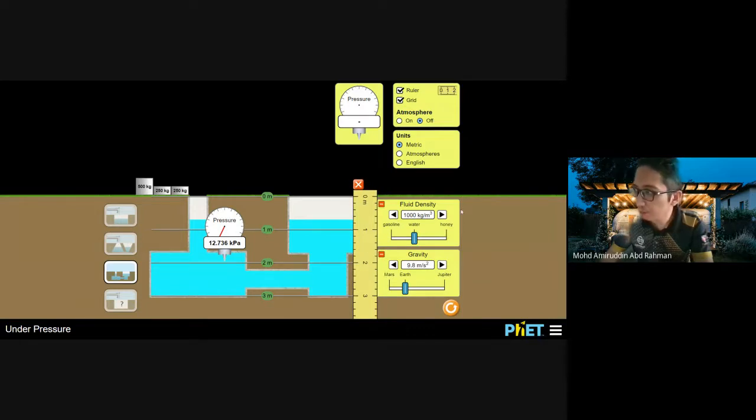Select display grid and set atmosphere off. Keep the pressure cloud at a fixed depth of 2 meters. Then you check the pressure on the left and also on the right side, and compare that.